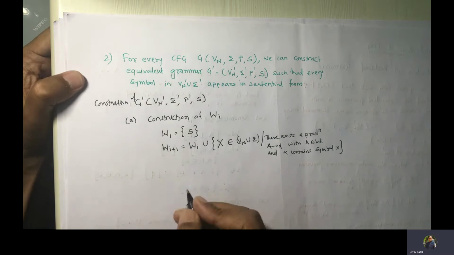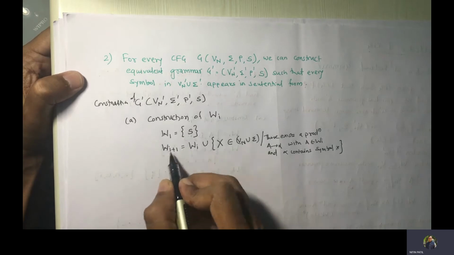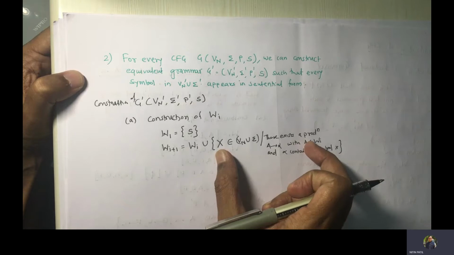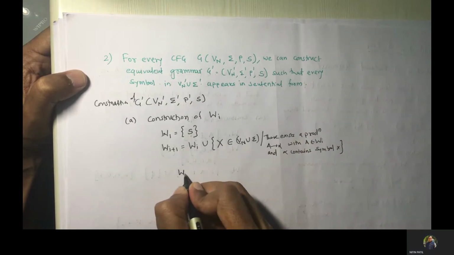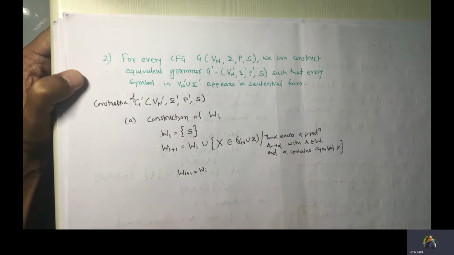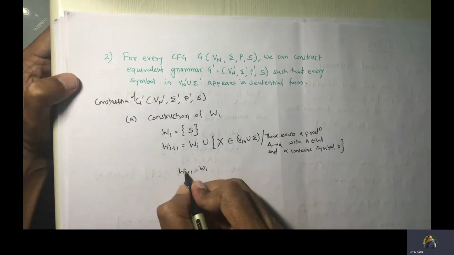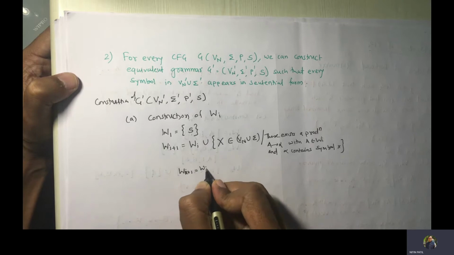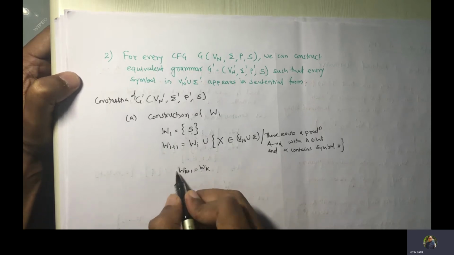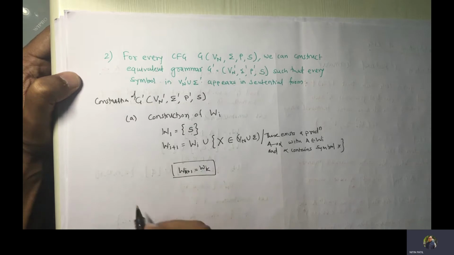For how many steps do we continue? When you get Wi plus 1 equal to Wi, because this would sometimes be empty or phi, then you stop that construction. You may say Wk plus 1 equal to Wk. When you get these both to be equal, you stop the construction of W.